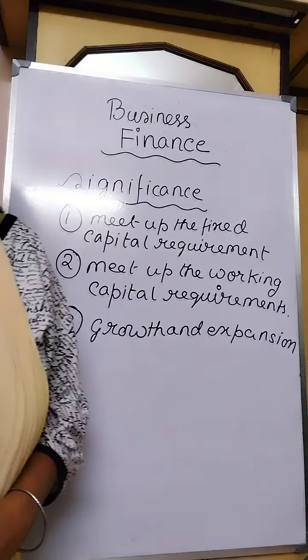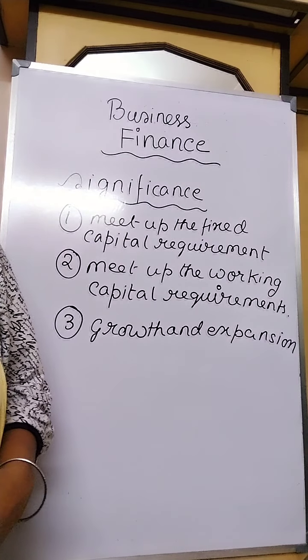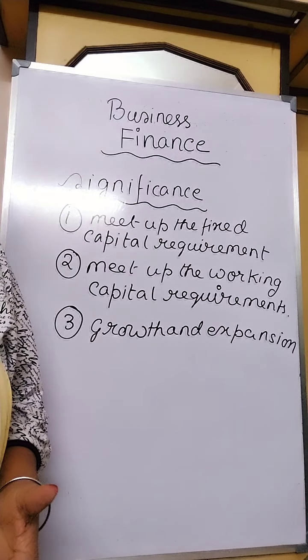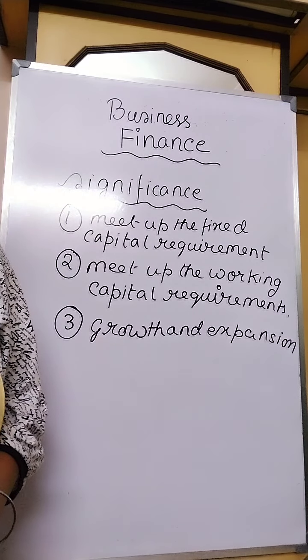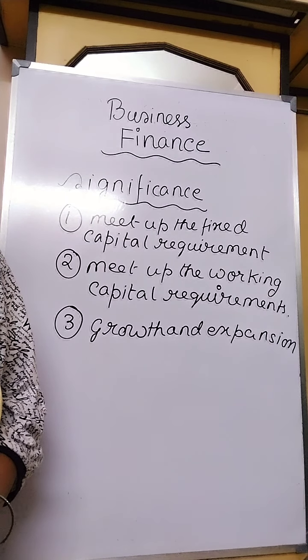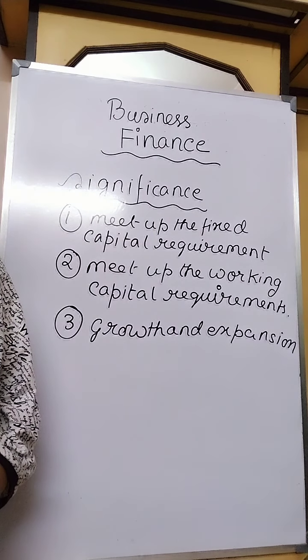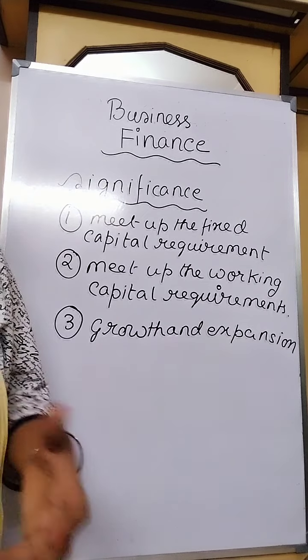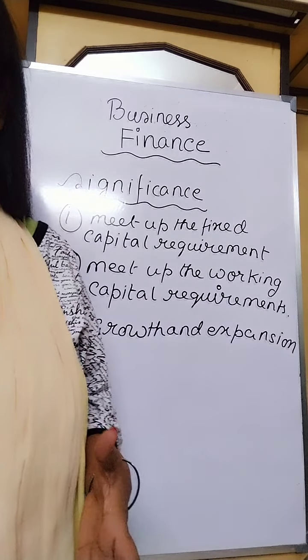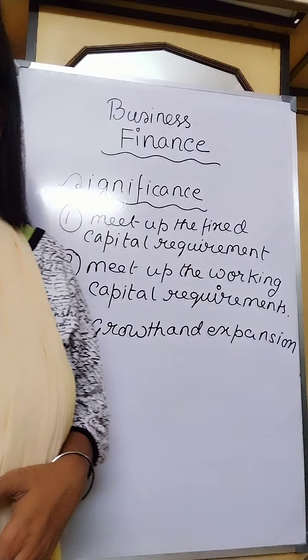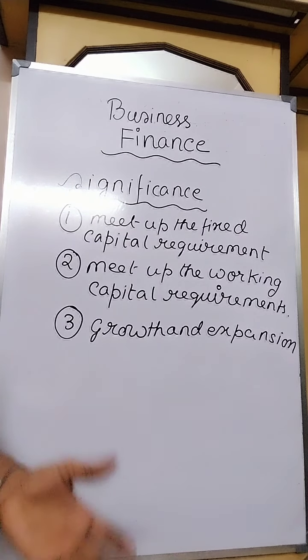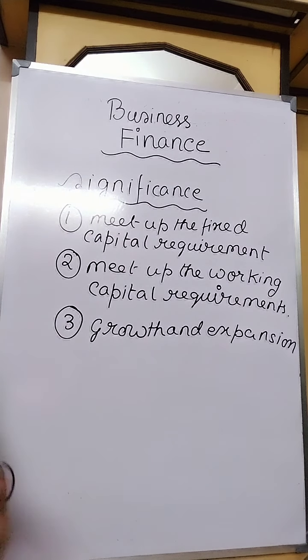Now, a firm which raises adequate capital will get the following benefits. If a business concern raises the capital, the business cycle from production to distribution of goods will run smoothly. The firm can install the latest plant and machinery.